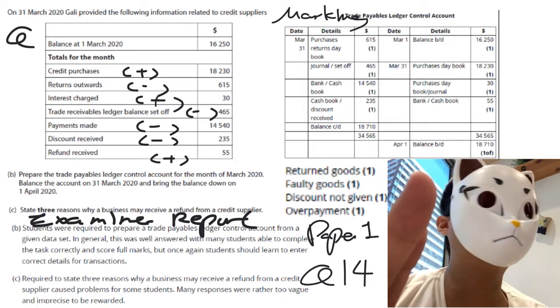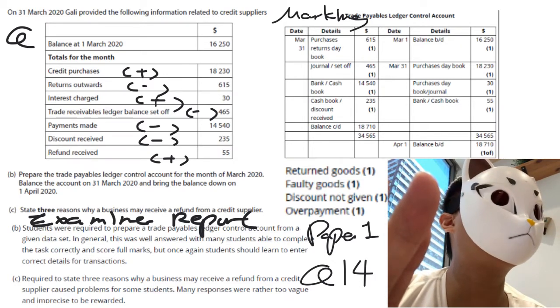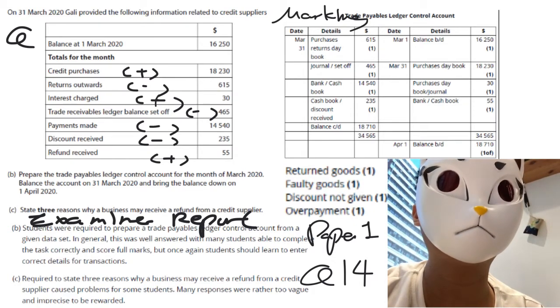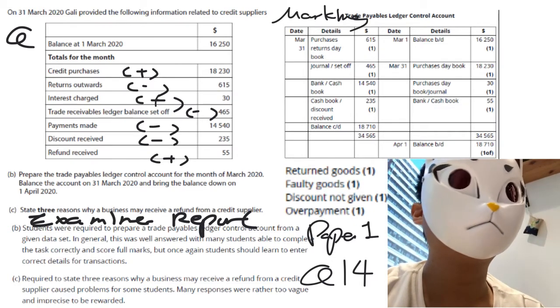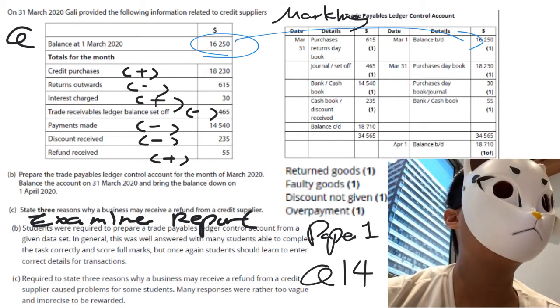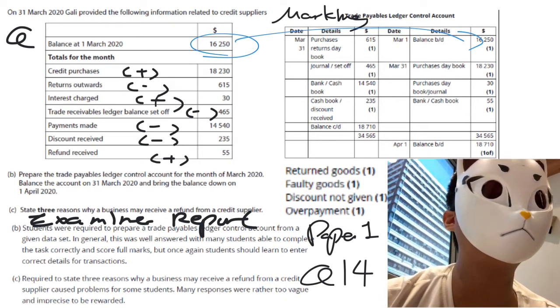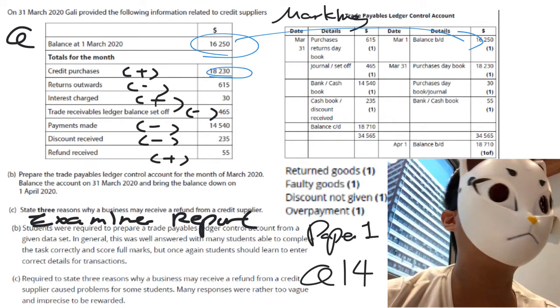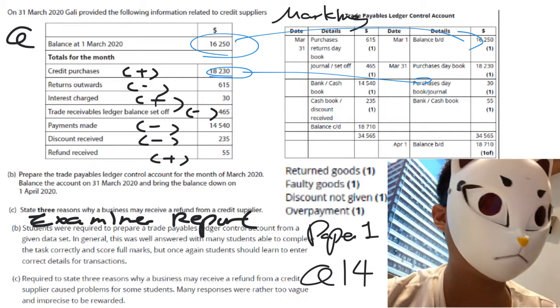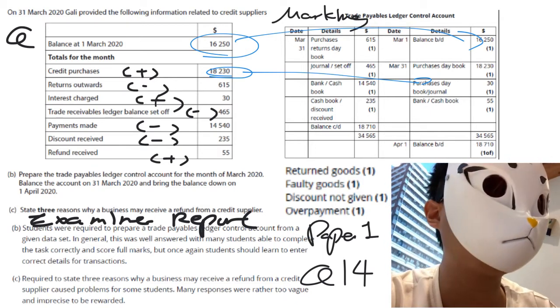So let's take a look at the marking guidelines, and we will do it together. First of all, you start with the opening balance. And then next, you can start with 1H230 added up, and then the interest charged, and keep going.